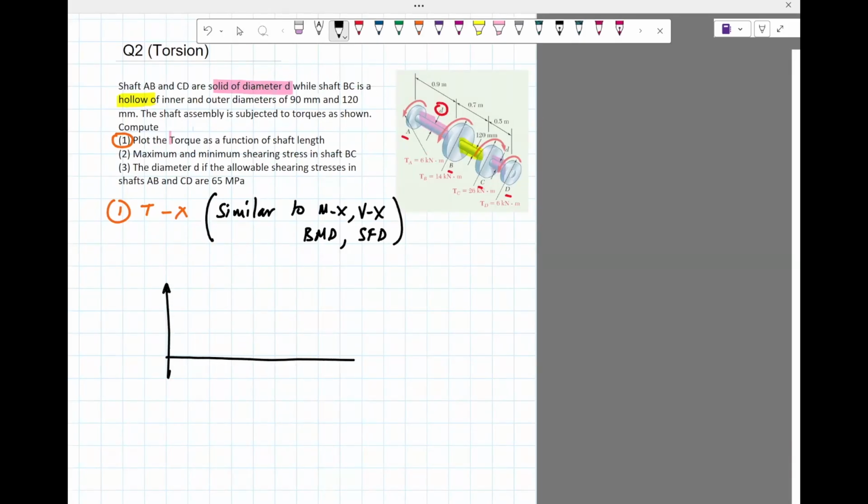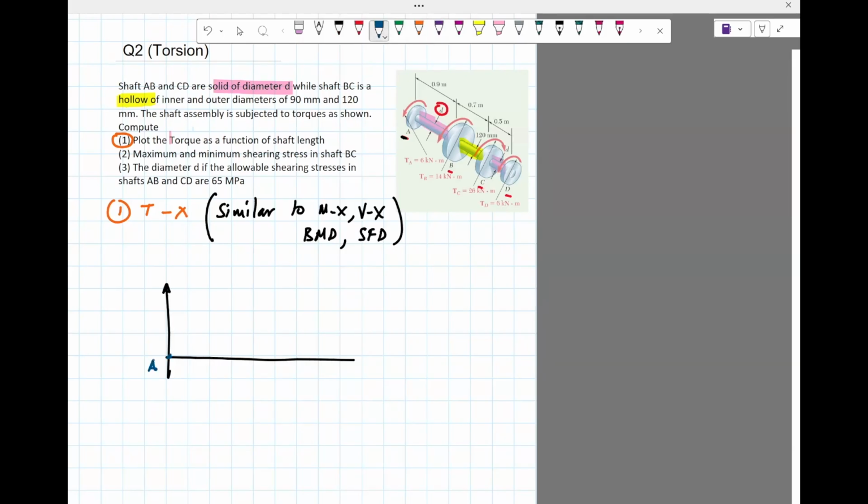It's so similar to drawing the V-x curve, where you take torques, or V's, and then you add them based on whatever sign convention you want to use, positive for up and negative for down. So let's do this. Let's start from A, and work our way to the right.